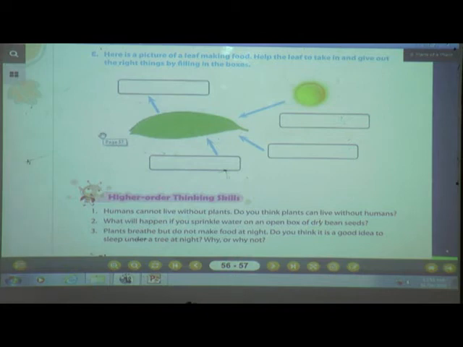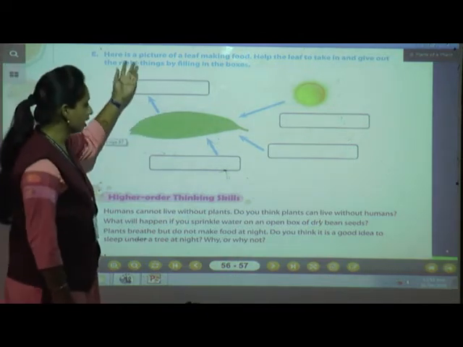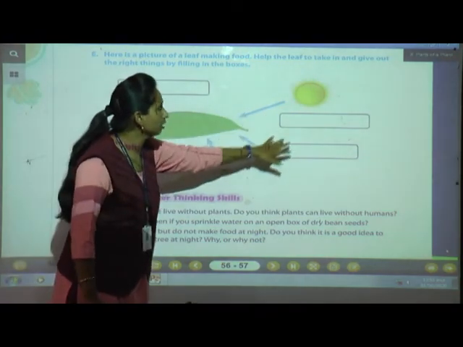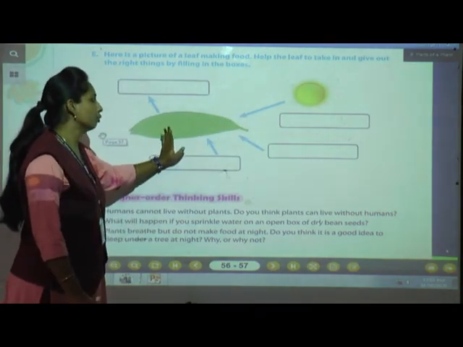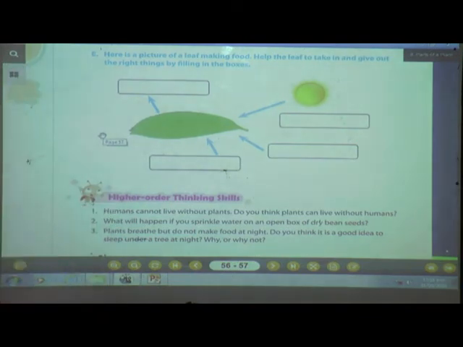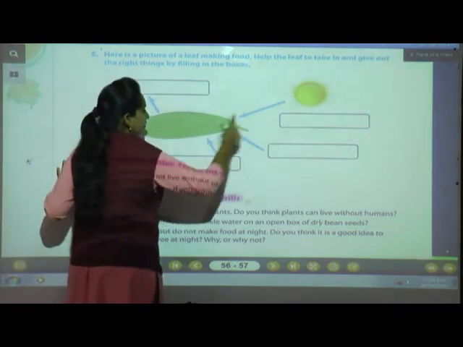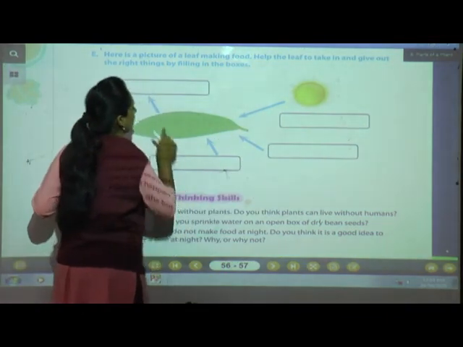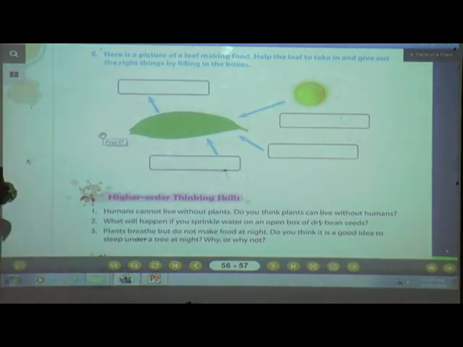Now, what do leaves give out? And what are the things we give to make the food? What are the things leaves take in and take out? So they have shown here leaves take in 3 things and give out only 1.